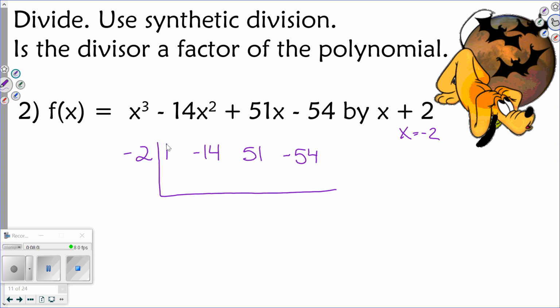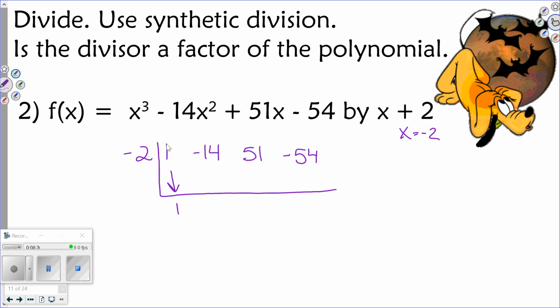Just writing all the coefficients. Write the answer to what I'm dividing by on the outside. Let's drop down that first number. Why do you think I told you to write an arrow in there? So I know to drop it, and there's another reason I want you to write it. Justin? A placeholder. Thank you. Because I don't want you to accidentally write something underneath there and try to do some more math and get yourself all confused.